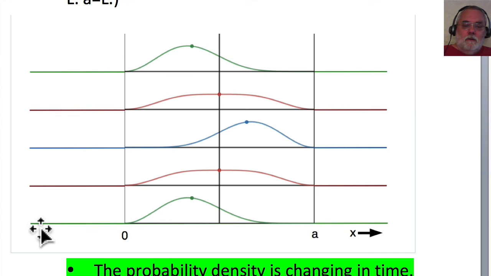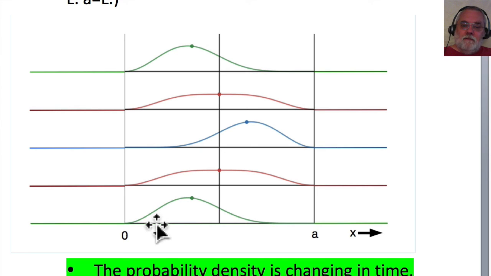0. So this lower green curve is an example for omega t being 0, and the green curve is the probability density, and the green dot is the expectation value of position at time t equals 0. So in this case, there's non-zero probability for being anywhere in the box at time t equals 0.